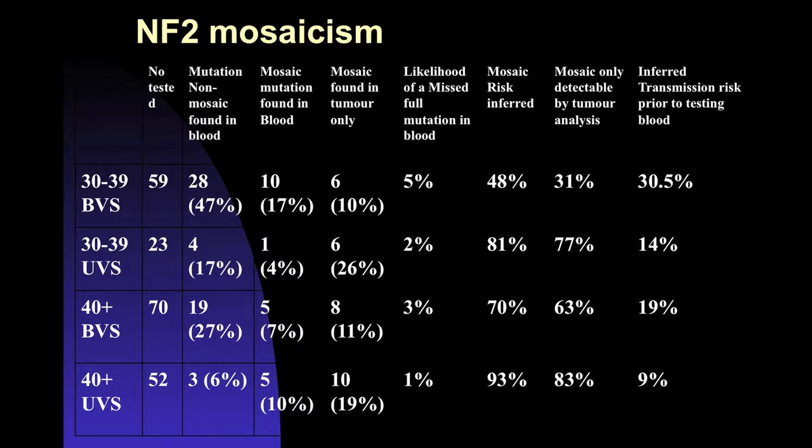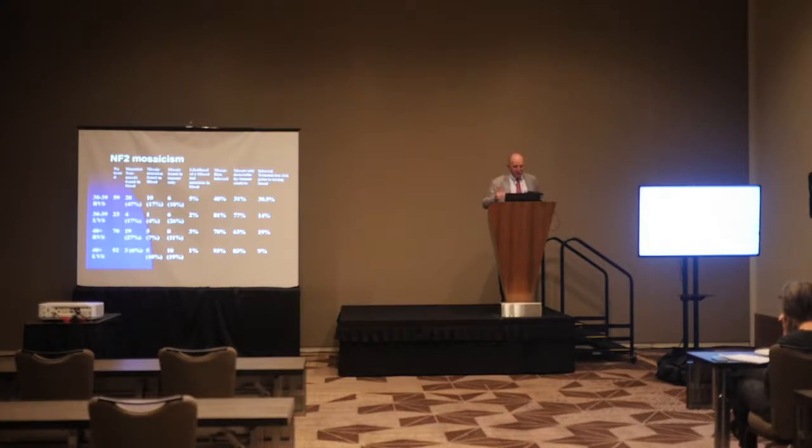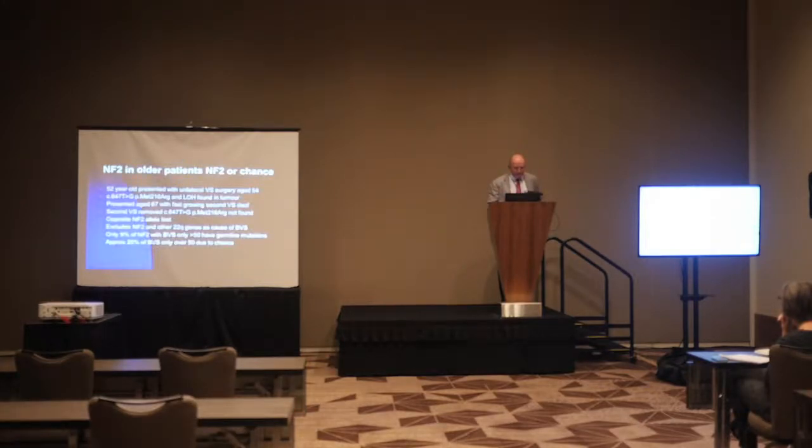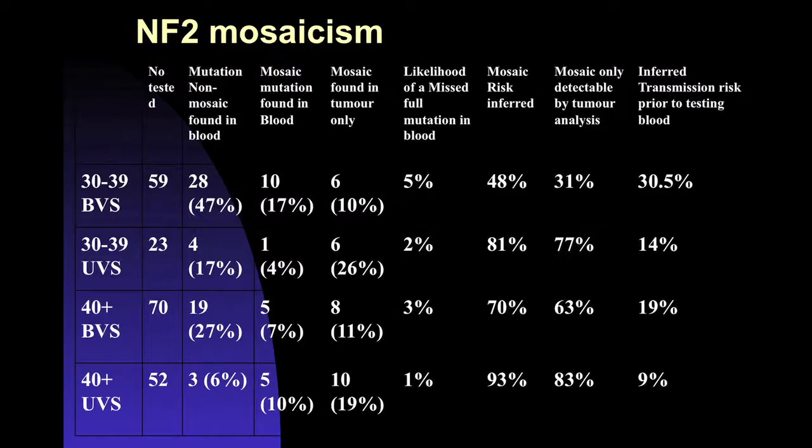So the more skewed you are, the less symmetrical your presentation as the first in the family to be affected, the more and more likely you are to be a mosaic with increasing age. And that has a big effect here. Even without mutation testing, we can say that the chances of passing on the gene have dropped very substantially.